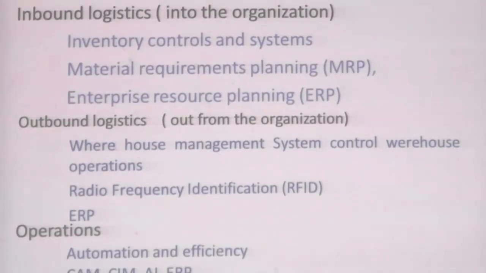As an example, in a garment manufacturing company, sometimes the raw materials are stored in some other places because it will be a very huge quantity. So in the factory environment, when the raw materials are required, they will bring them from the warehouse. So warehouses can be managed through some system, warehouse management control systems. So it is called outbound logistics.